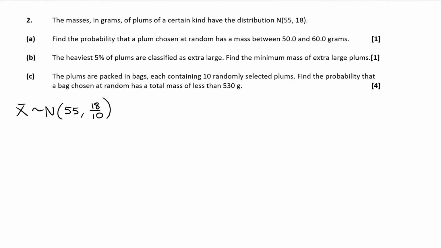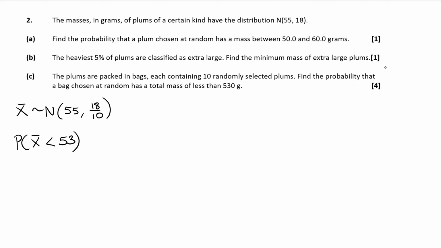So then I'm going to work out the probability that in that sample of 10 plums, with the total mass being less than 530, the mean is less than 53. Okay, so just 530 divided by 10.